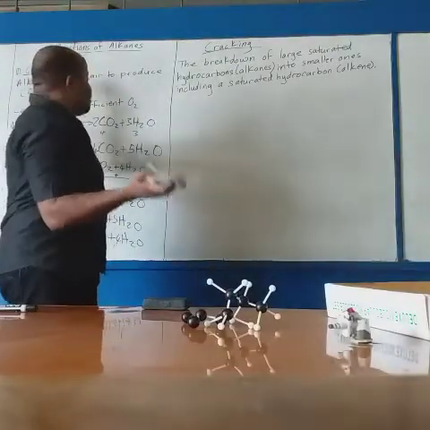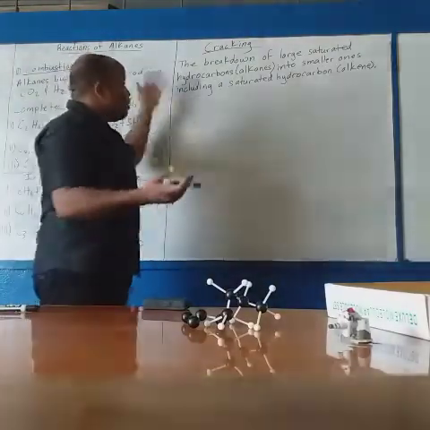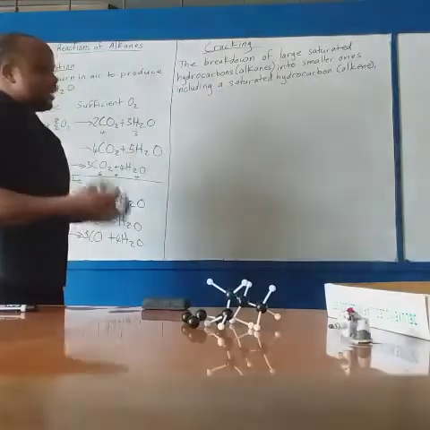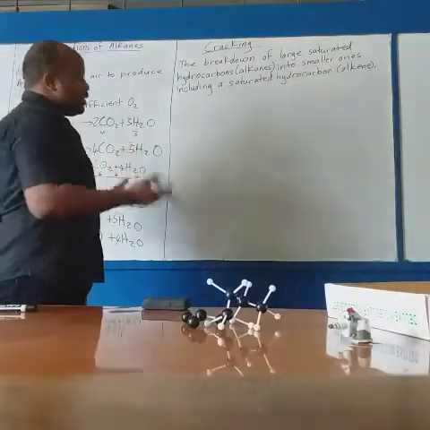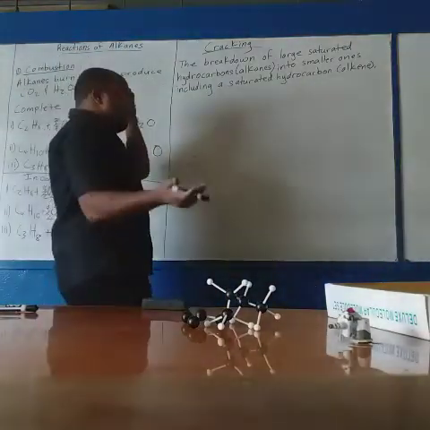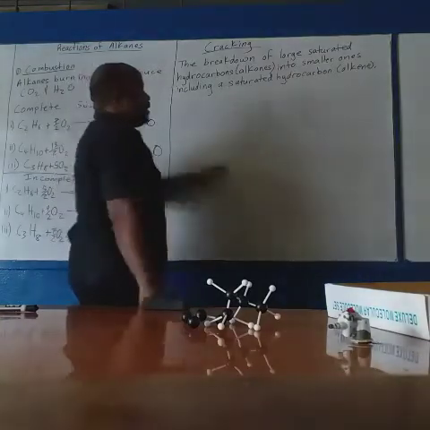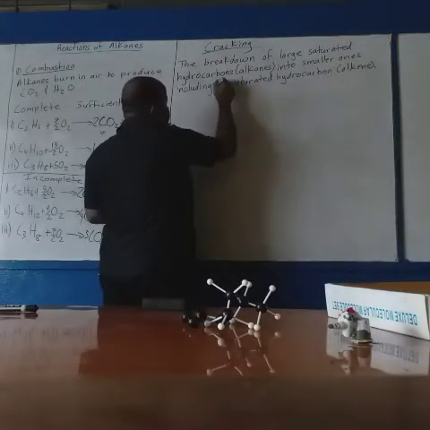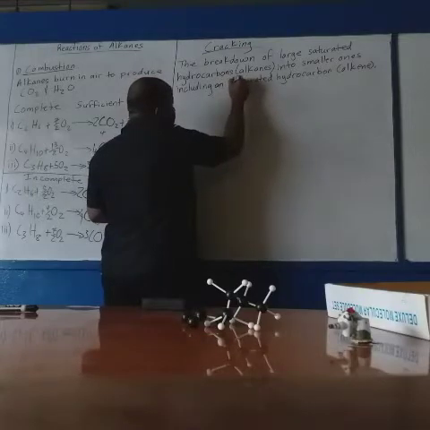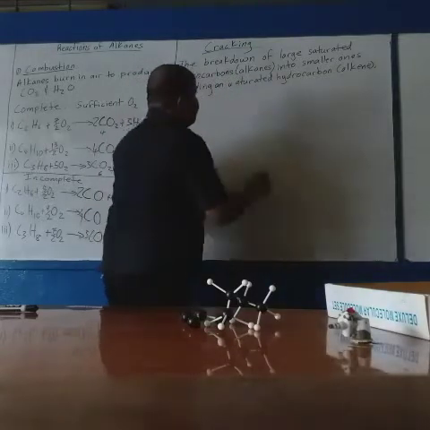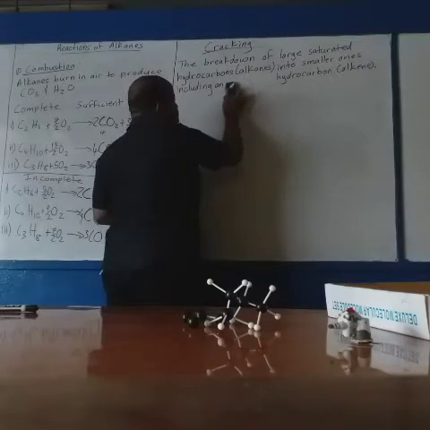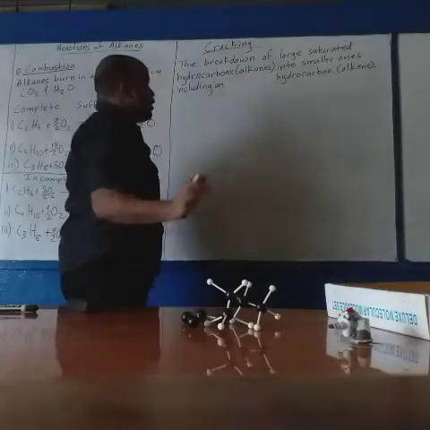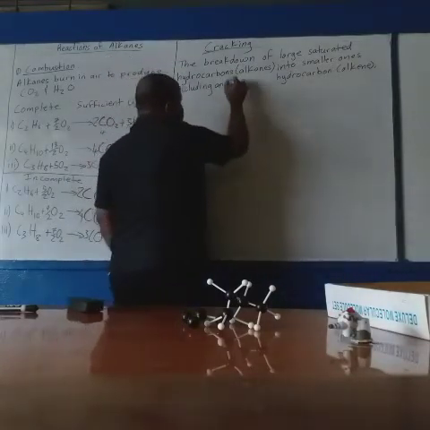We're doing reactions of alkanes, right? So cracking, we're breaking up our large alkanes into smaller ones. But we must get unsaturated, including unsaturated. So when you crack an alkane, you must get a smaller alkane as well as an alkene.